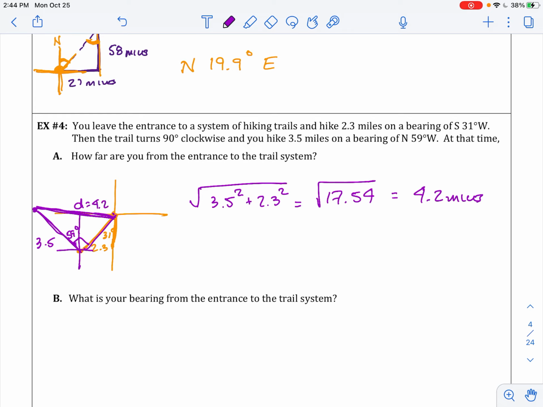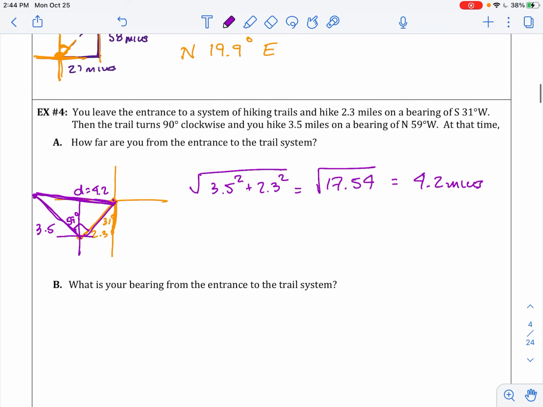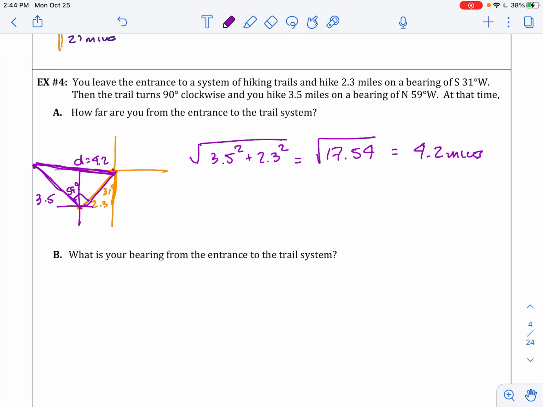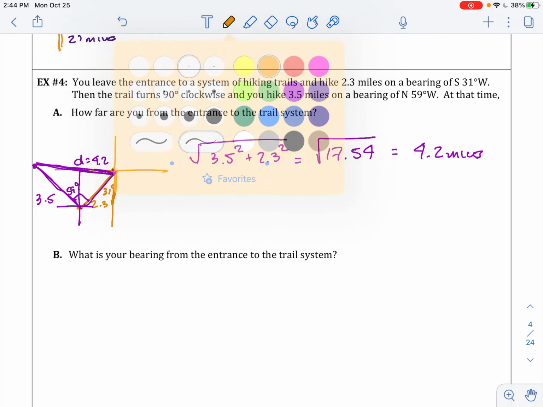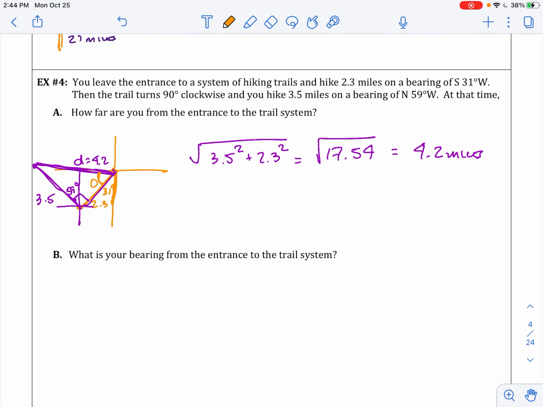Now it says, what is your bearing from the entrance to the trail system? So in order to find that, we need to go back here and try to find this angle right here, theta. Now, how might we go about finding that? What we do want to do is try to use the information that was given, not one that we found. So that's just good analysis there.